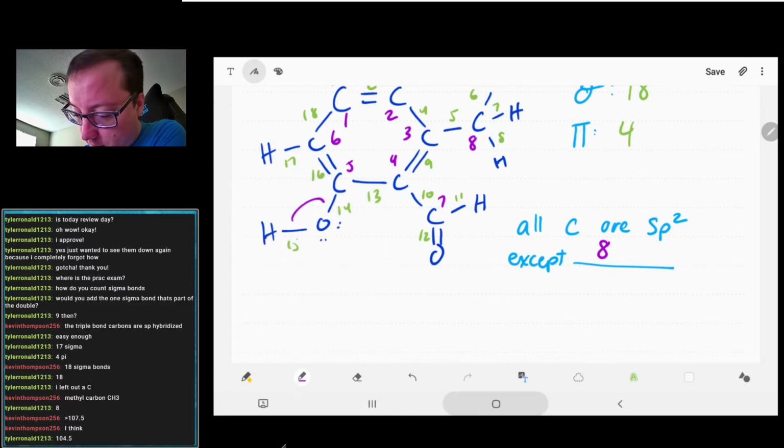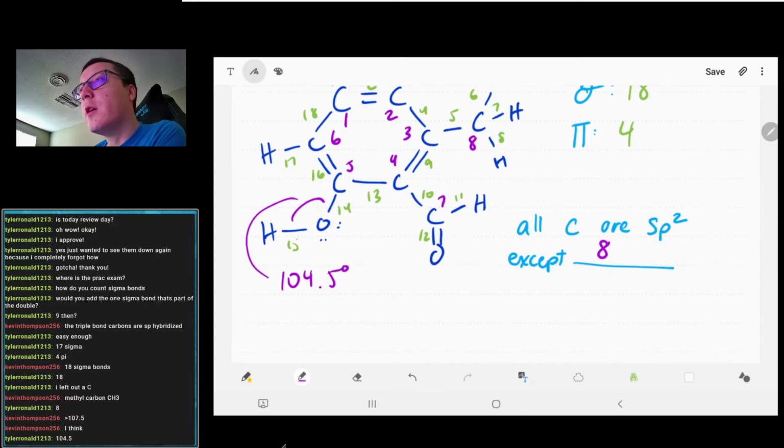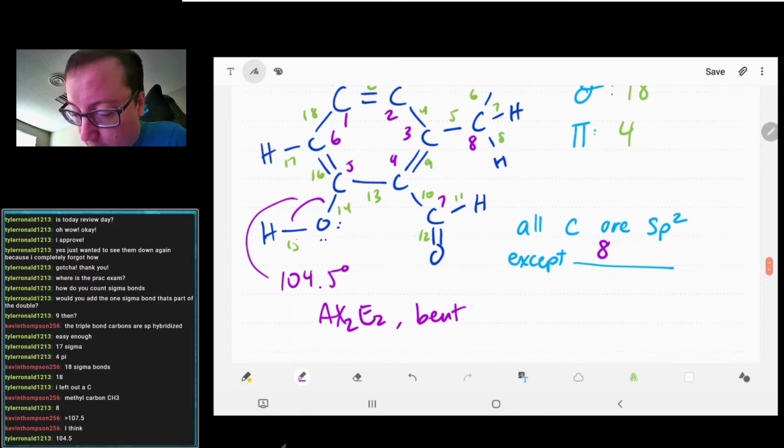That one should be about 104.5, because that oxygen is AX2E2, that's bent. And bent ones have that 104 degrees.